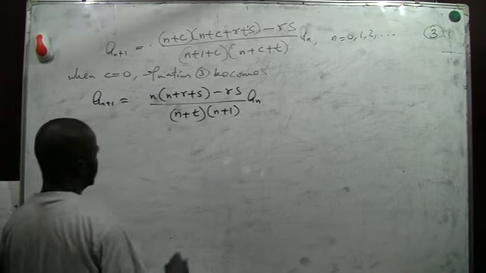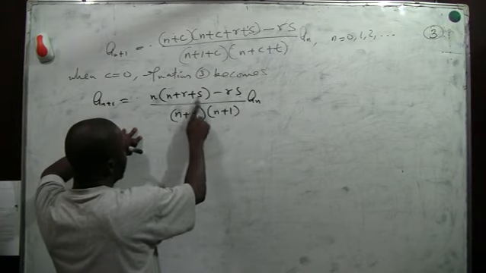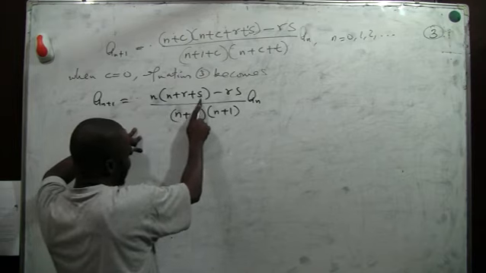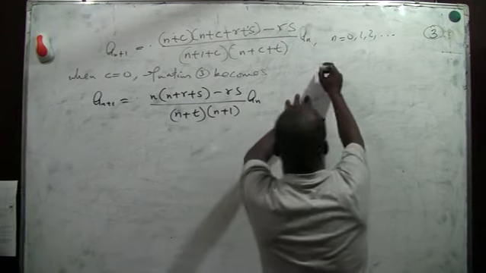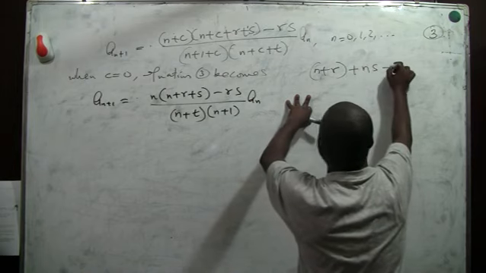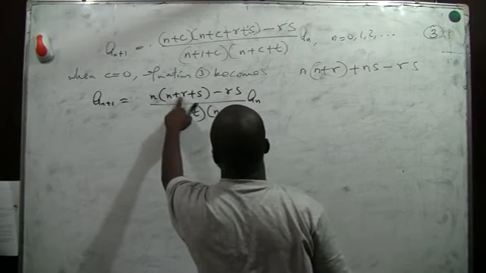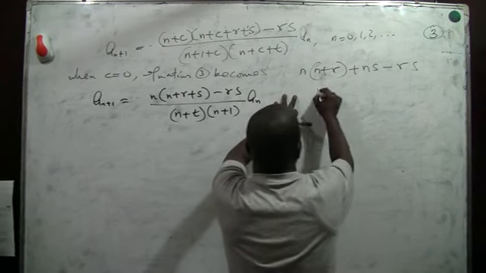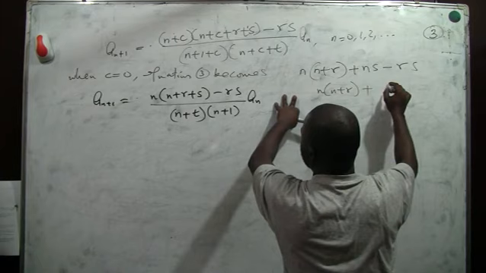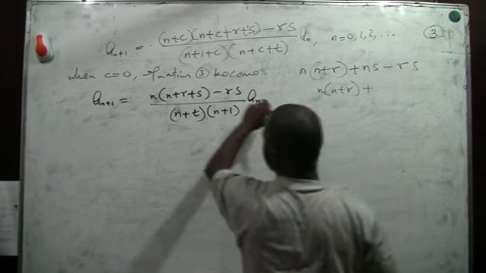However, before we start the solution, this needs factorizing. How will I factorize this? I have rs here, r multiplying s, and I have r plus s here. So what I will do now is to multiply n with either r or s, then combine it. Something is wrong here.